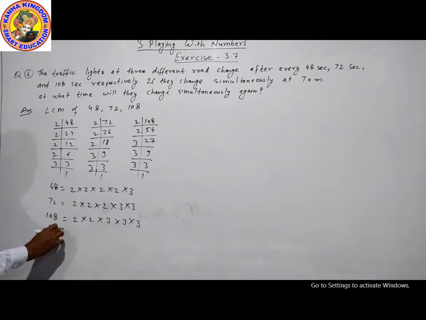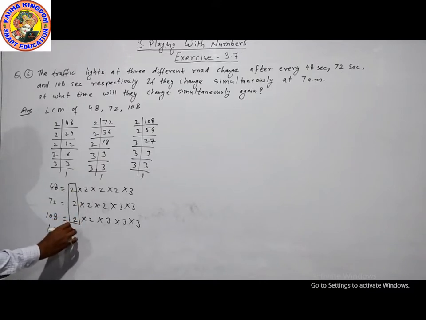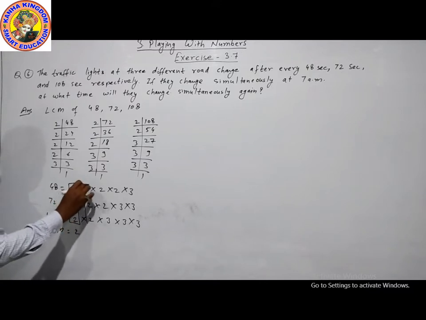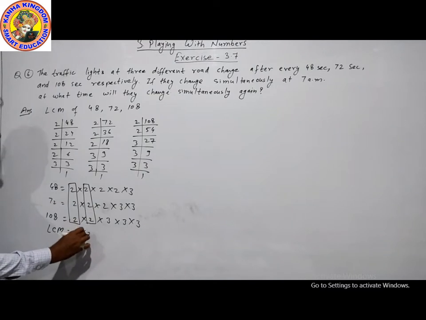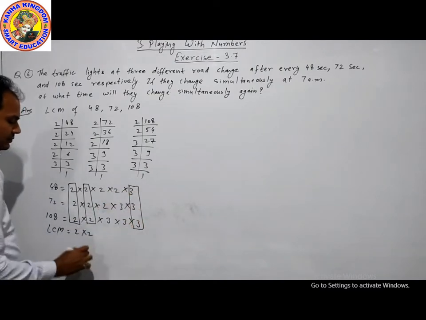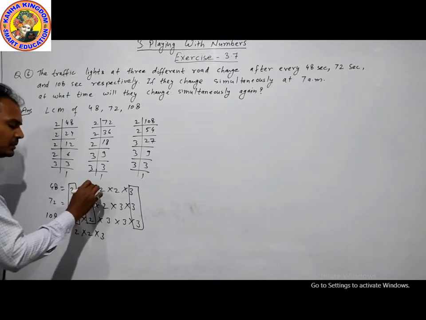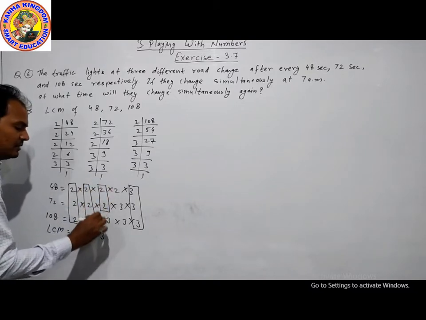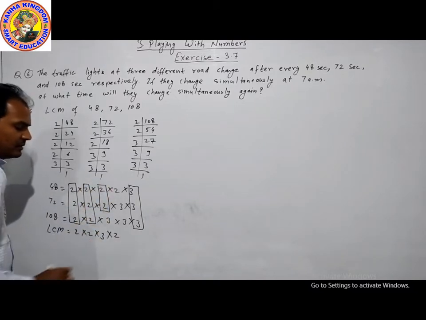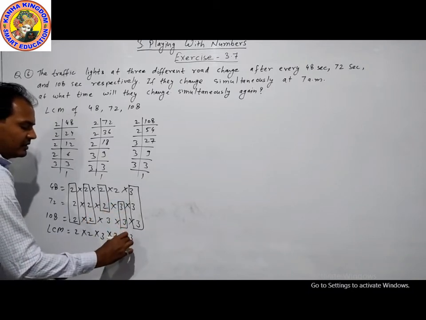Now we are taking the LCM. First of all, we will find the factors common in all 3. These are the common in 3. Now we will find the factors common in 2 numbers. This is 2, then this is 3.